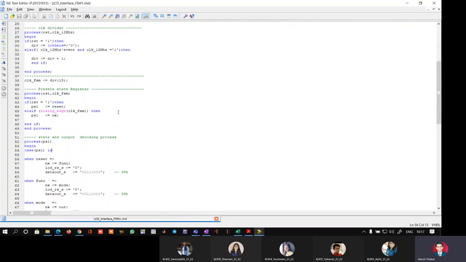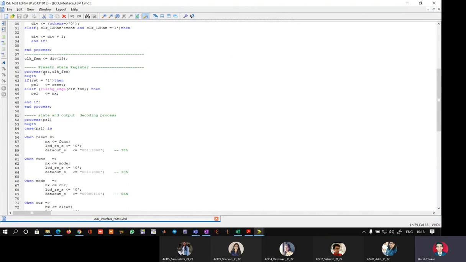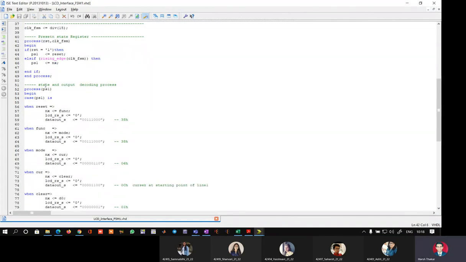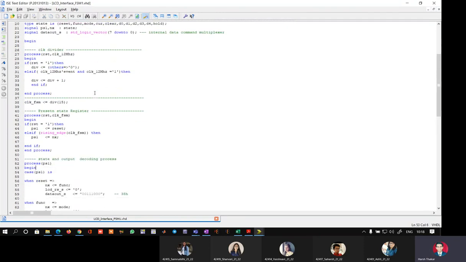Now if we go inside the logic section of the architecture body, we can see the keyword process in three places. We see the keyword process on line number 27, another process at line number 41, and another process at line number 52. Whenever we see the keyword process, there has to be an end process with it.